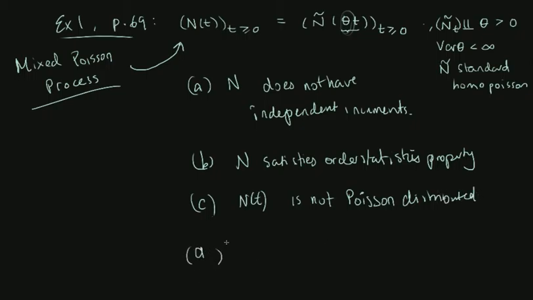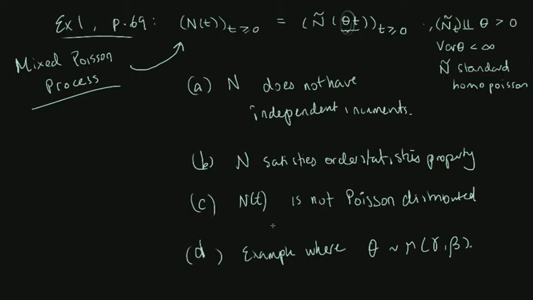And in D, we will look at an example of a mixed Poisson process where theta is gamma distributed. And we will conclude that in this case, the total number of claims up until time t will be negative binomially distributed.